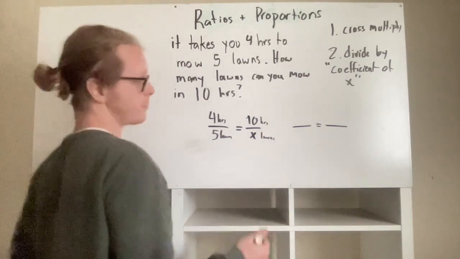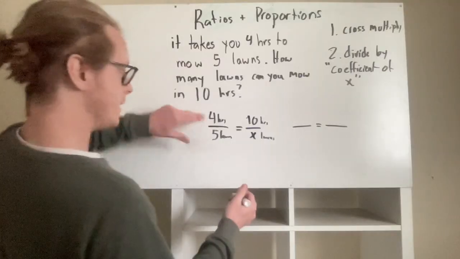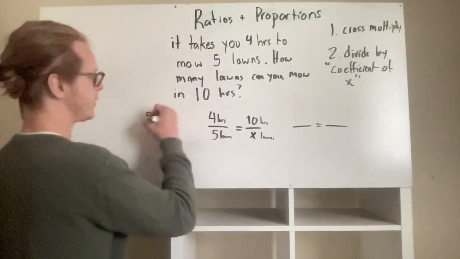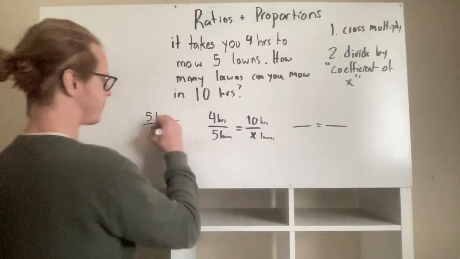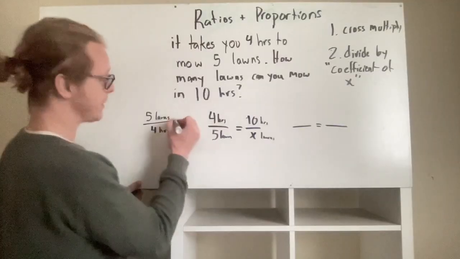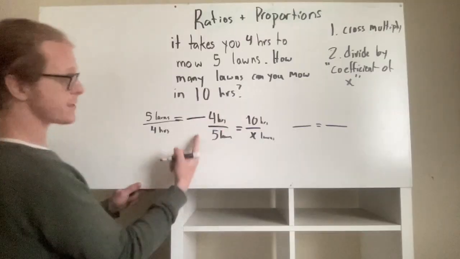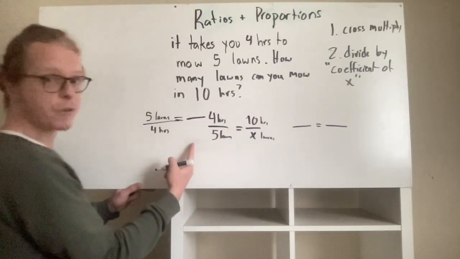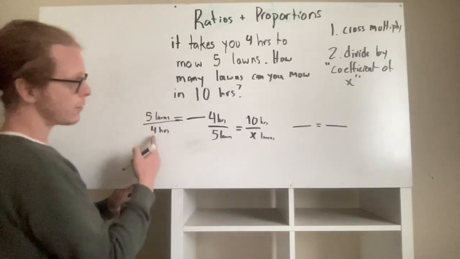Okay, but let's set it up a different way. We could obviously flip it. I could put 5 lawns in the numerator and 4 hours in the denominator. That doesn't make a difference in terms of my answer. It just makes a difference in terms of how I set up this other fraction. Because now instead of hours over lawns, I've made it lawns over hours.